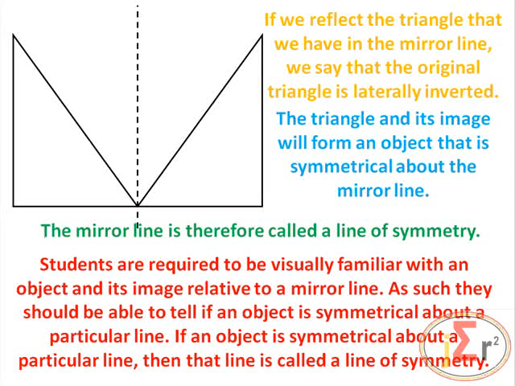Students are required to be visually familiar with an object and its image relative to a mirror line. As such, they should be able to tell if an object is symmetrical about a particular line. If an object is symmetrical about a particular line, then that line is called a line of symmetry.